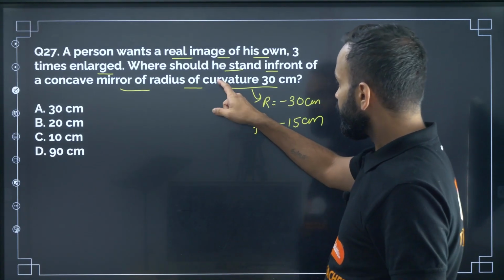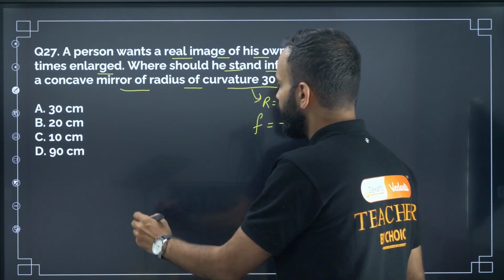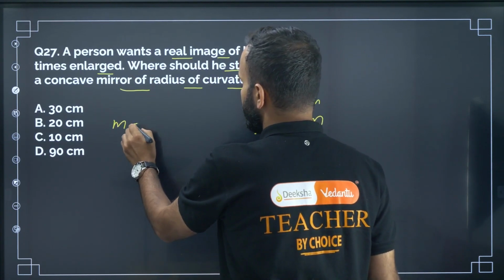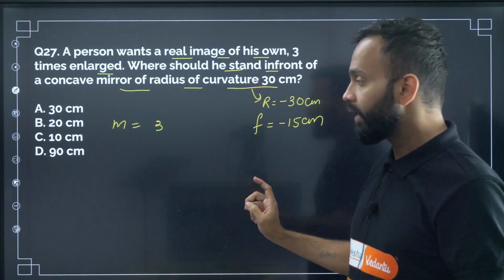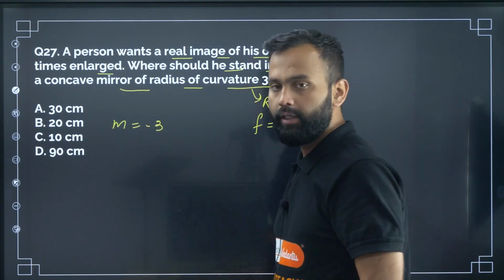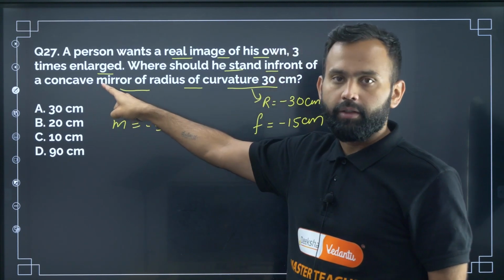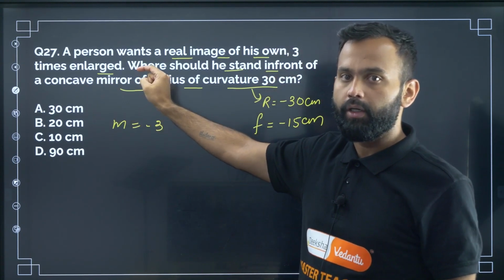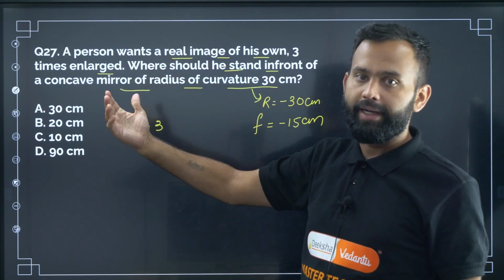Here what is the magnification? The magnification is 3, m equal to 3. Now is it positive 3 or negative 3? It is negative 3. Why? Here he is using a concave mirror, so the image forming on the screen is inverted and enlarged.